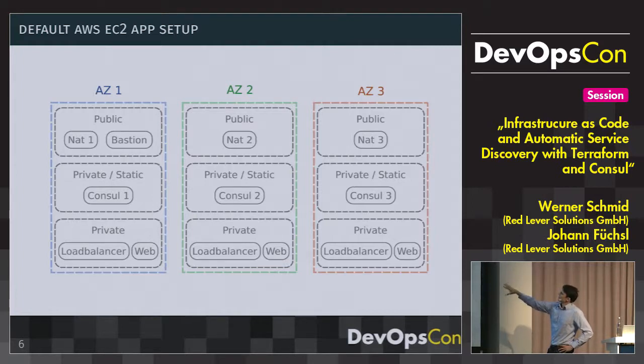And we see the 3 Consul servers, Consul 1, 2, 3, in the private static subnets. This is the Consul cluster. Johann will explain afterwards in detail how it is used to change the configuration of the load balancers and to discover the web applications, also located in the private subnets.